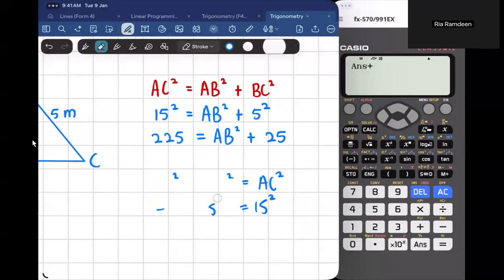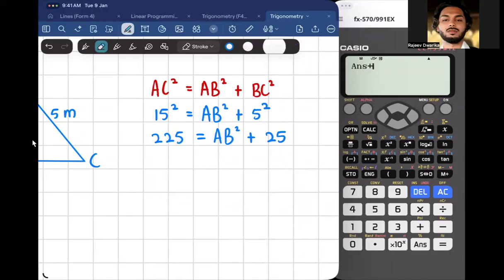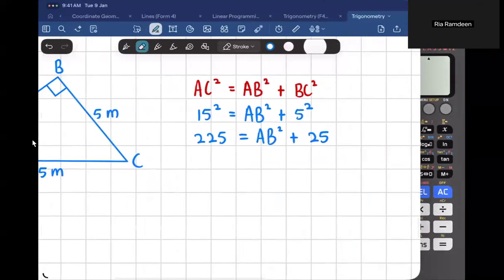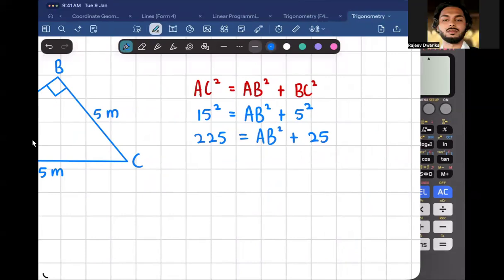So what are we trying to make the subject in this scenario? What are we trying to find? AB squared. So I need to find some way to make AB squared be on the left side. What could I do with this equation? You could flip it.